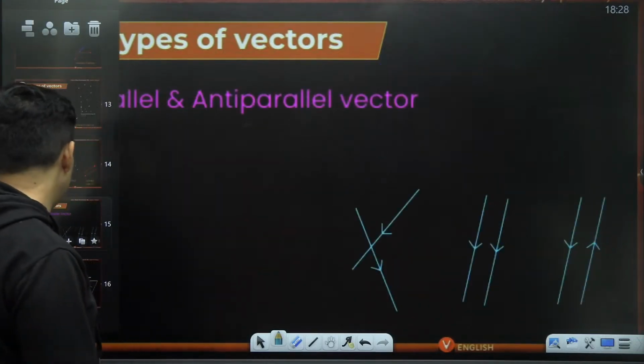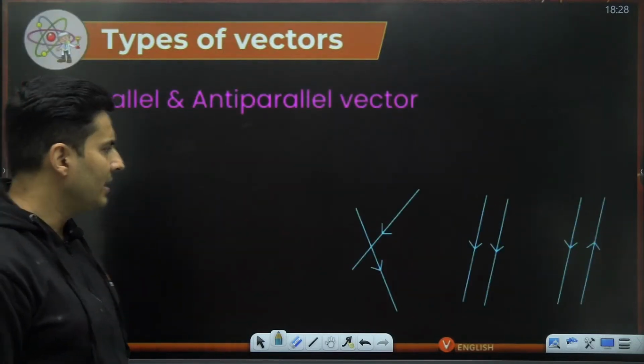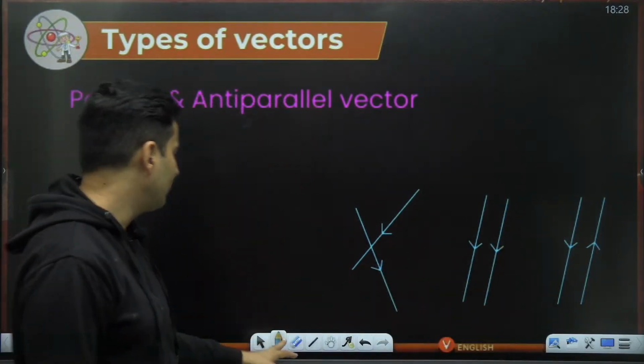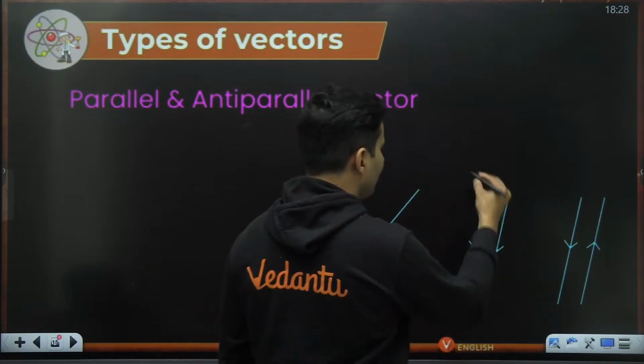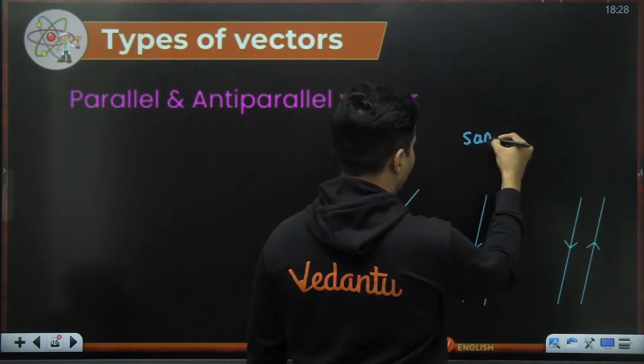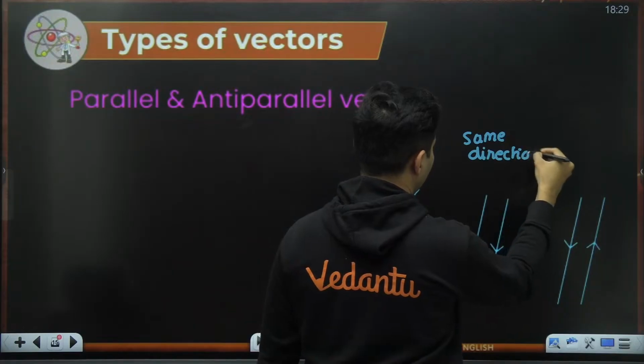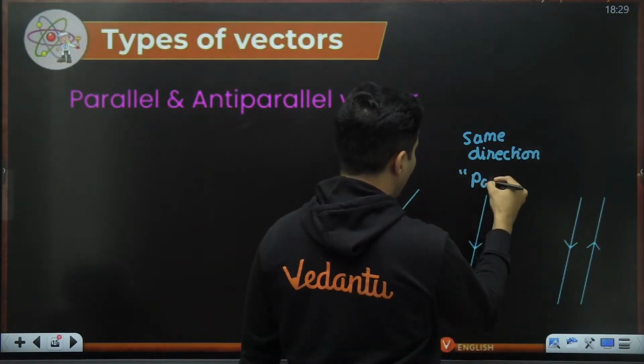Moving on to parallel, anti-parallel. Okay, look at this, guys. These are parallel lines. These are anti-parallel lines. These are not parallel. Very simple. So when two vectors have the same direction, they are said to be parallel.